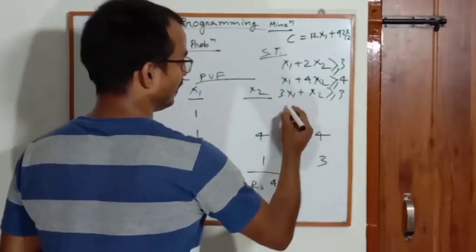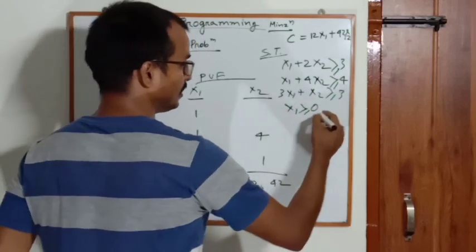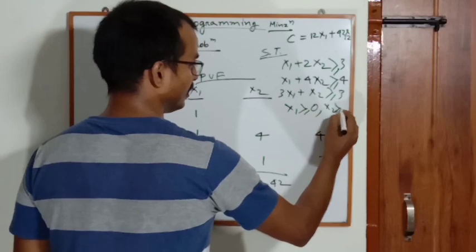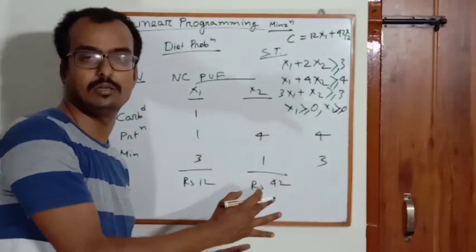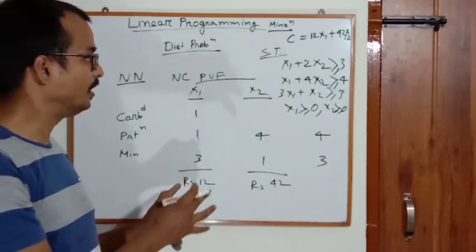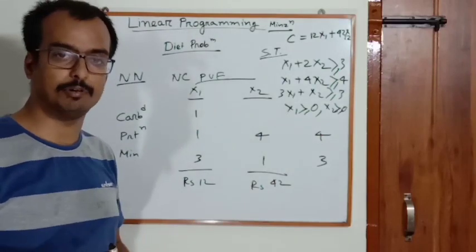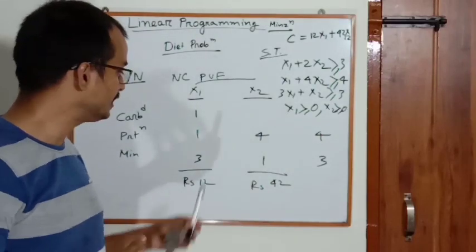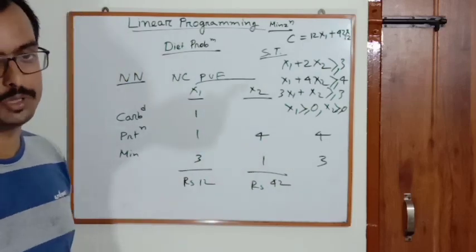Definitely, x1 greater than or equal to 0, that means at the least it can be 0 or more than 0, and x2 greater than or equal to 0. So in this way, from this problem, we are formulating the problem in equational form. It is a tabular form of the problem. From that we are forming the problem in equational form.